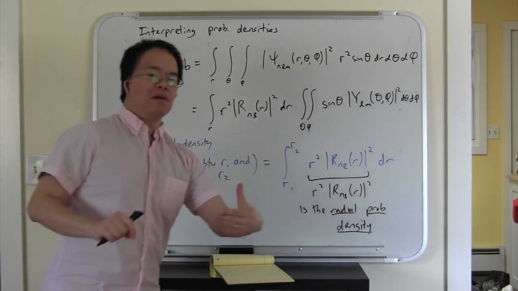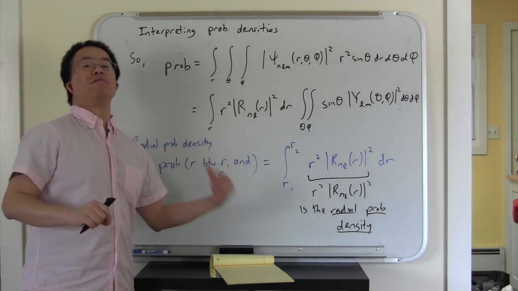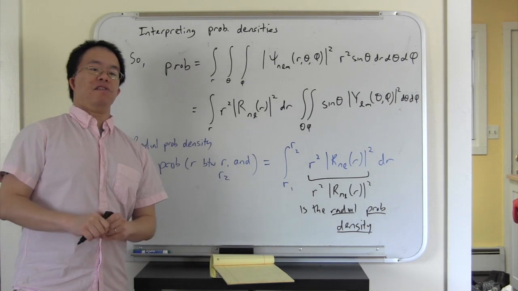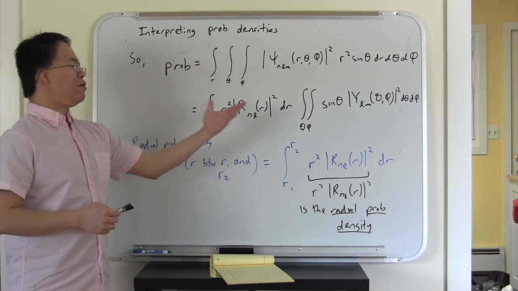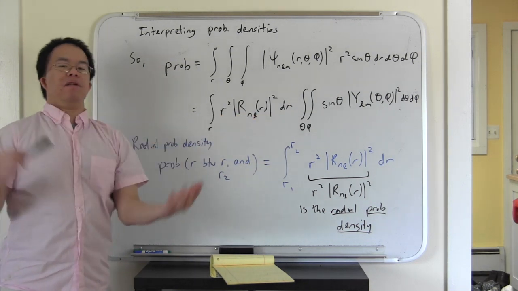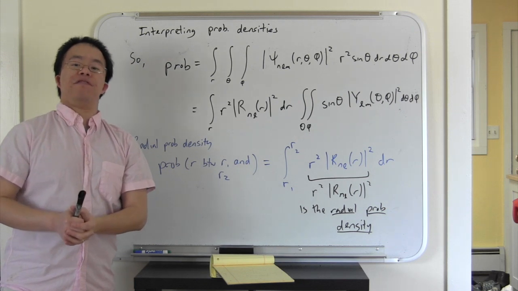It's the thing that we integrate over r to calculate the probability of finding my particle between radius r1 and radius r2. Again, we would also have to do the angular part if we wanted to find the probability of the particle being within some finite volume.